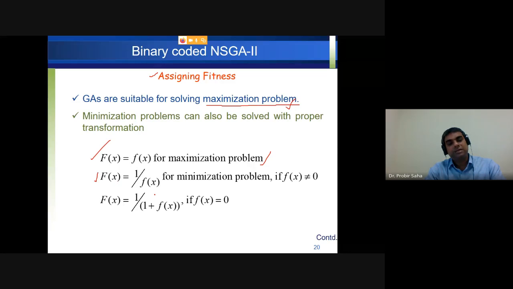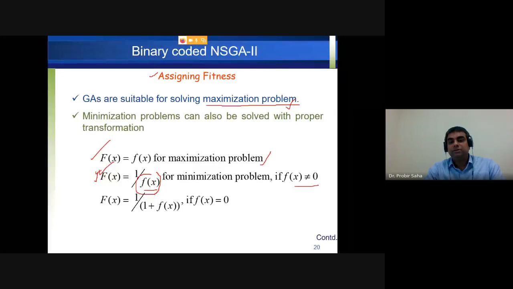So that way, you are solving the minimization problem. If you want to minimize f(x), this value will be maximum, because ultimately you are interested in maximization, right? So you are interested in minimization of that. If you minimize it, automatically it will maximize. So that way you have to convert it.